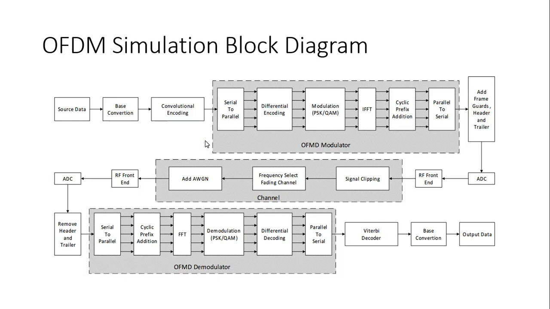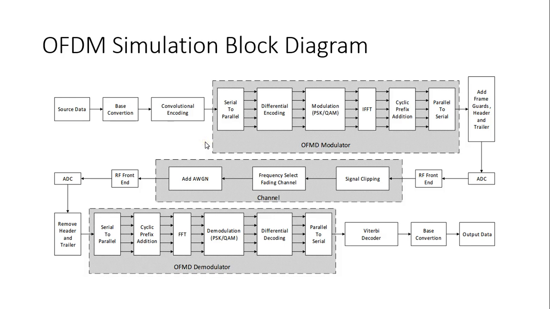And the converted data would then be separated into multiple frames for the OFDM transmitter, and the OFDM modulator modulates the data frame by frame.